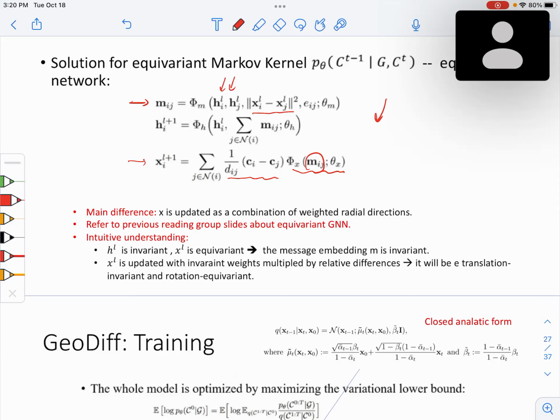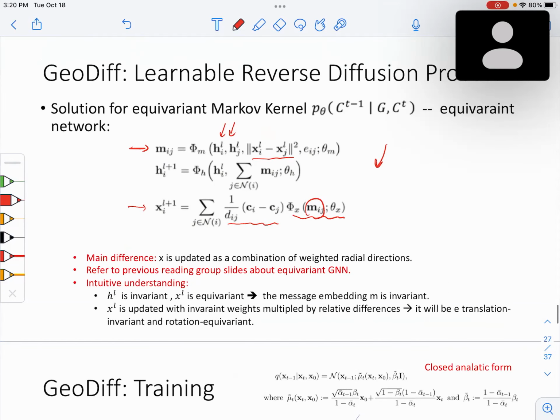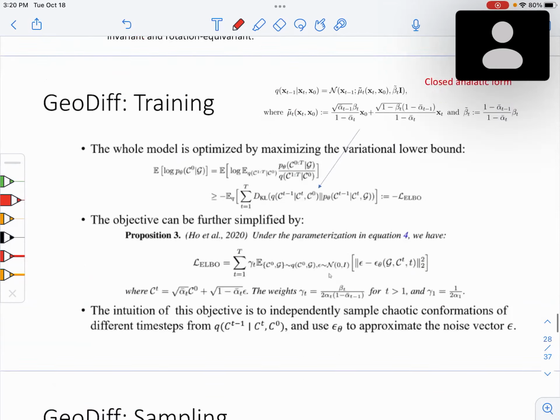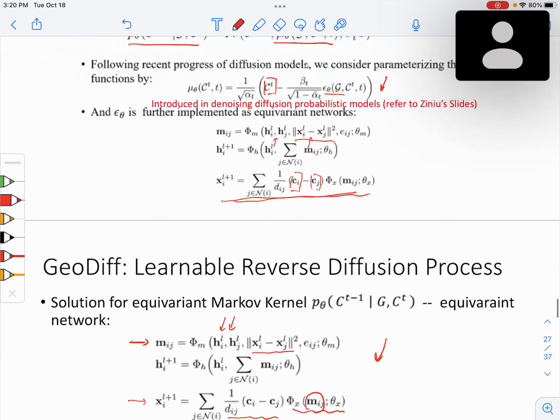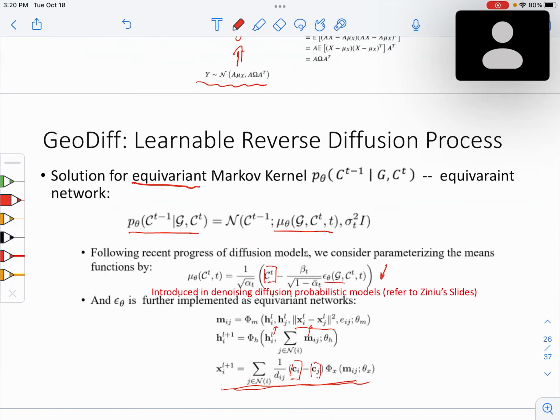For a more detailed proof, you can find my previous quarter's slides. So that's basically the key contribution that they made for defining the reverse diffusion process.